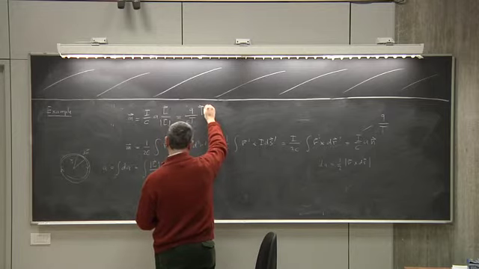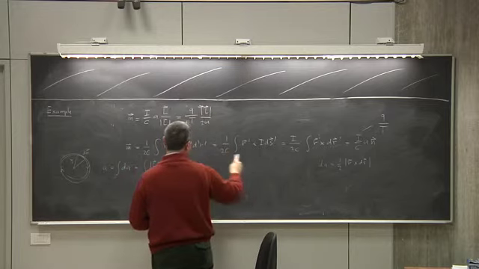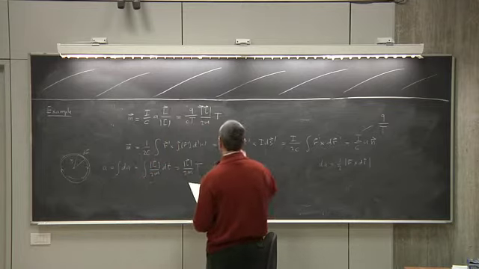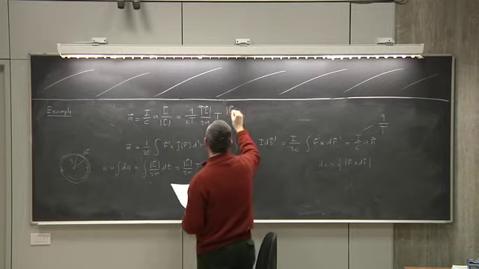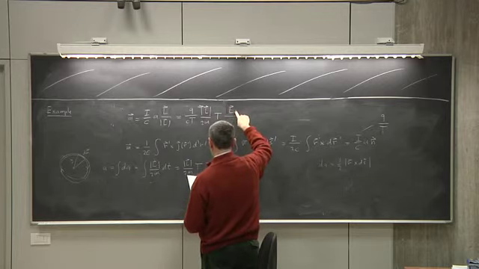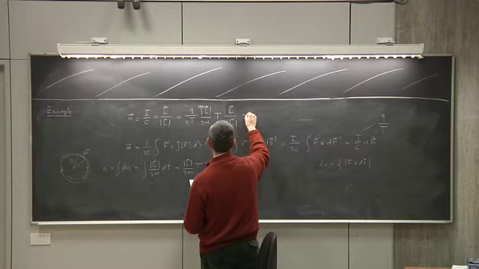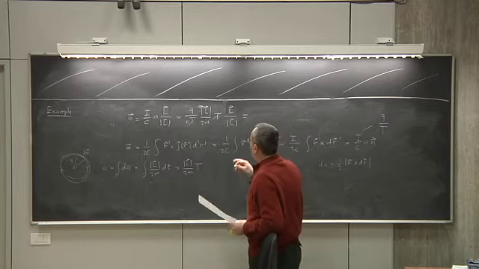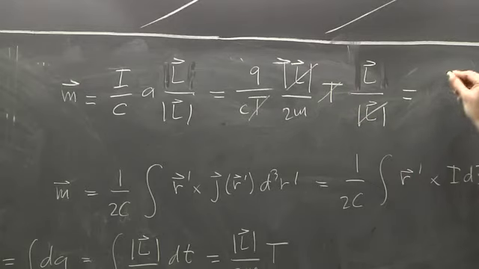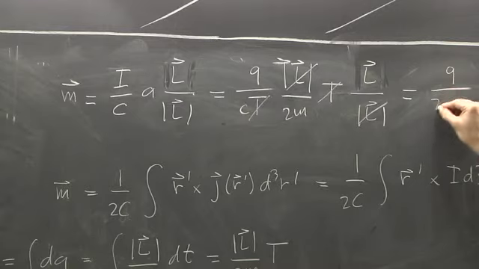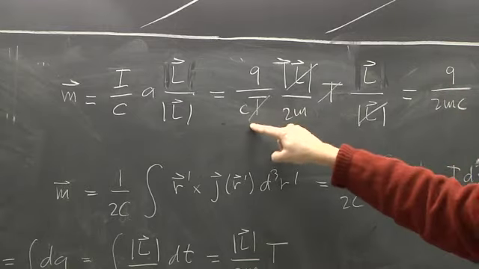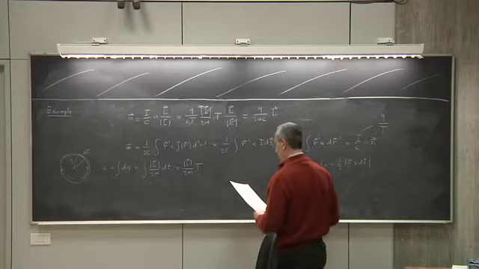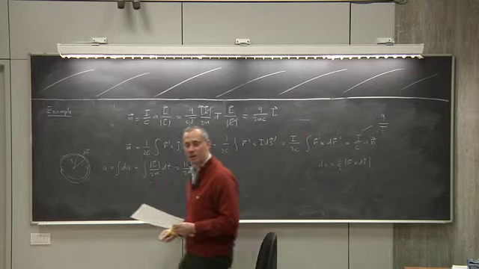Then I have this L divided by 2m, this term here. Then I have the period again, so it nicely simplified. Then I have this norm vector, like this. Okay, so this goes away, and this goes away. So you have Q divided by 2mc times the angular momentum. Okay?